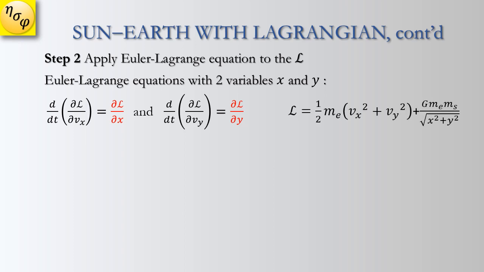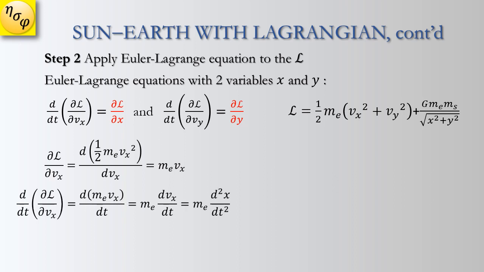I wrote down the result from the last slide for the Lagrangian, and we start calculating this. The first is the partial derivative of Lagrangian with respect to Vx, which is m_e times Vx.